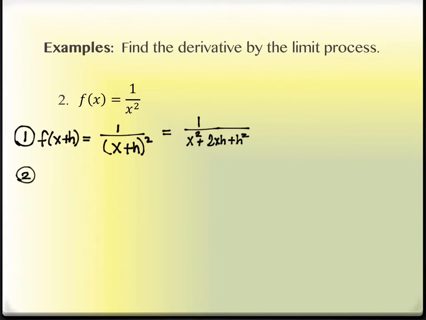Step 2 is to take f of x plus h and subtract off f of x. So that's my previous step, f of x plus h. Oops, we'll write it out the way we had it. X squared plus 2xh plus h squared. And we're supposed to subtract off the original function.